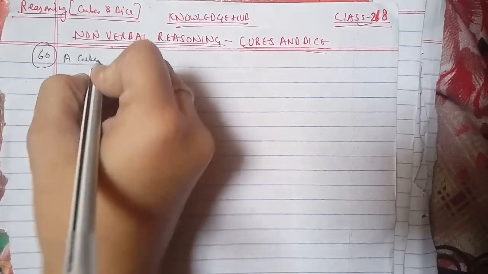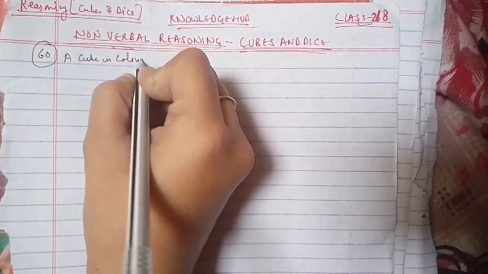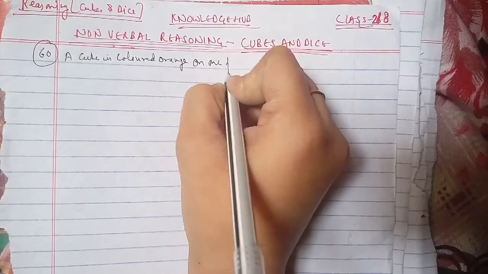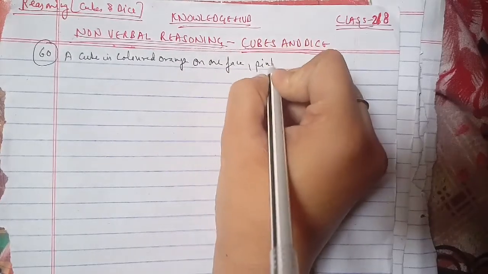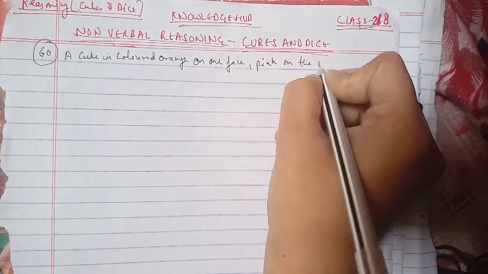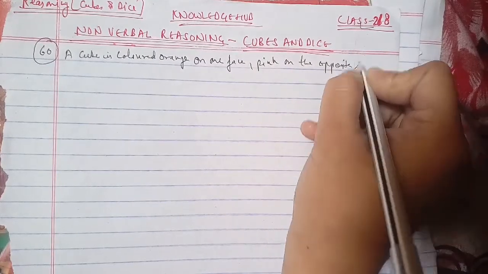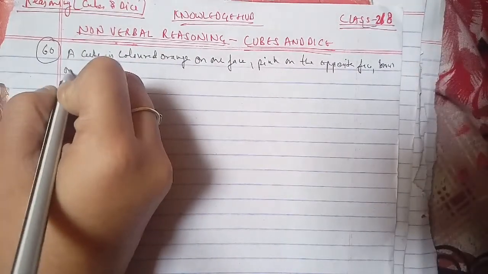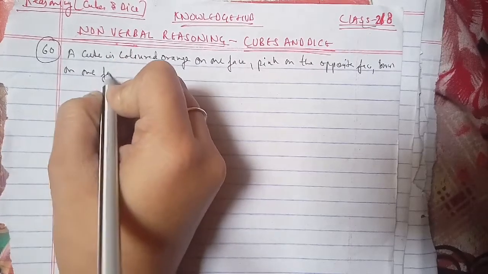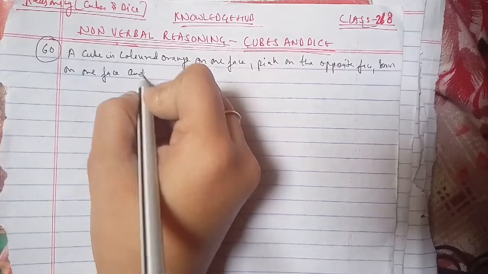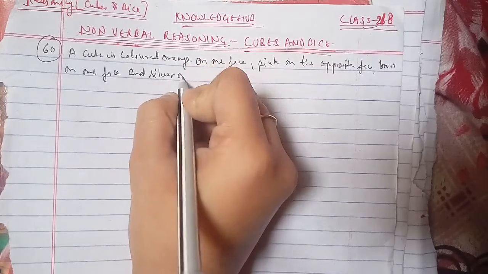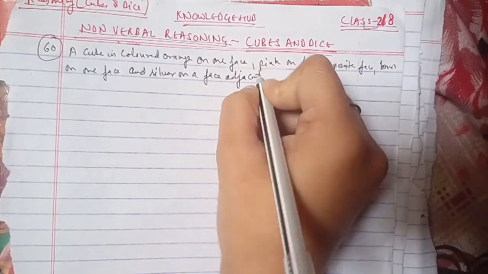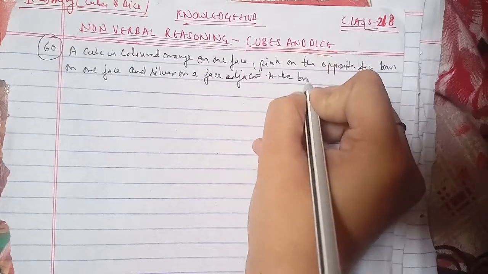A cube is colored orange on one face, pink on the opposite face, brown on one face, and silver on a face adjacent to the brown face.